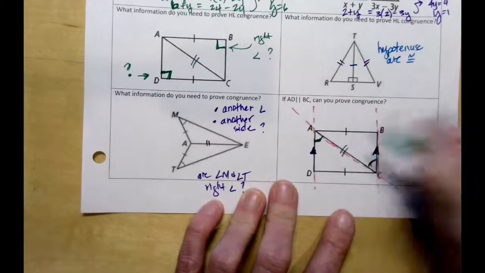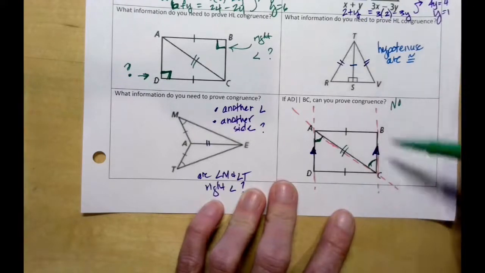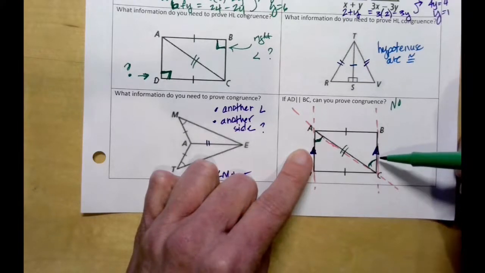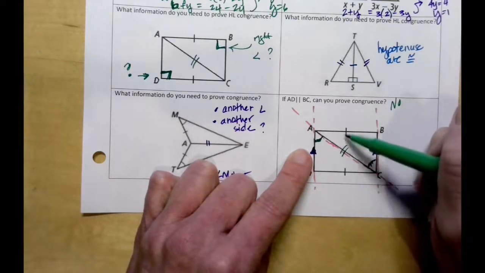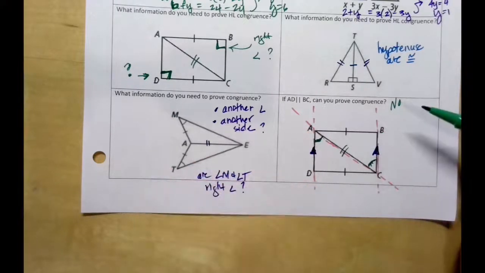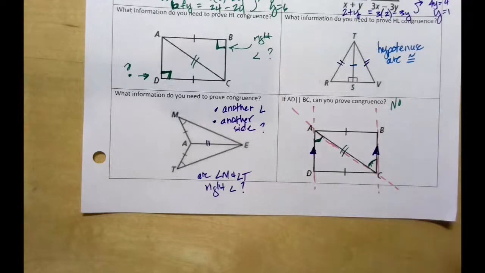And that would give me this side. So I'd have angle, side, side. Nope. Because those two being parallel gives me angle, side, side, but it doesn't tell me anything about any of my other angles. So I have to say no. Not enough information.